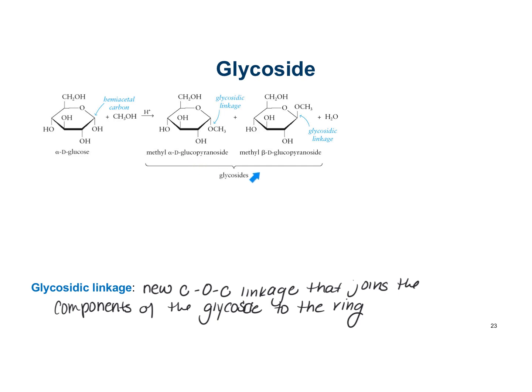And so these are examples of glycosides, and we can see that here would be our new glycosidic linkage, because whereas we had an OH before, we now have a carbon-oxygen-carbon bond.